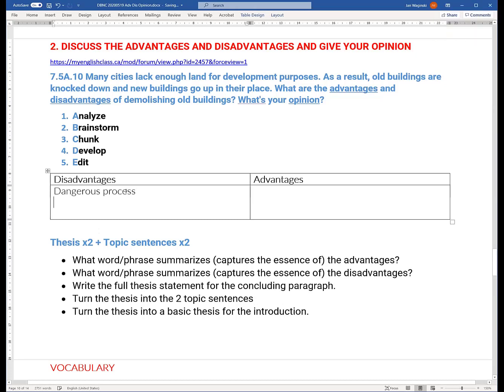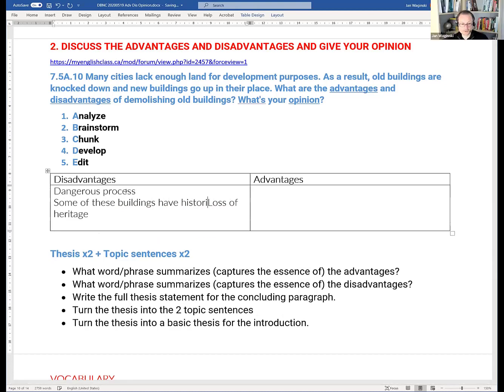Maybe these buildings are heritage, so we are losing some highlight spots or loss of heritage of the place. We can say have historical significance. Significance, yes.